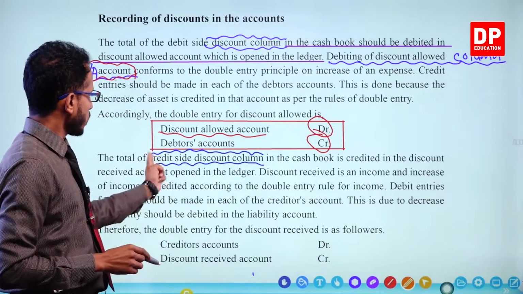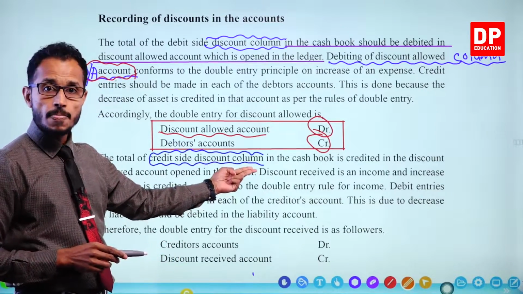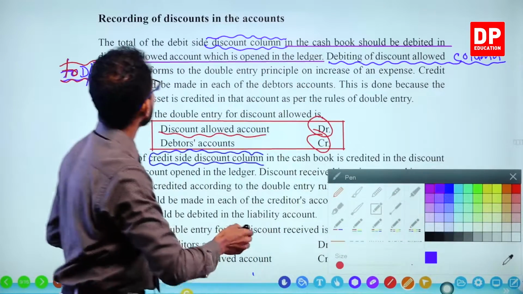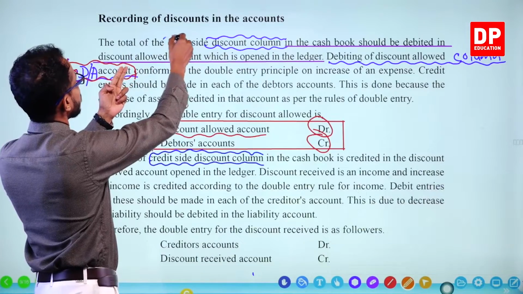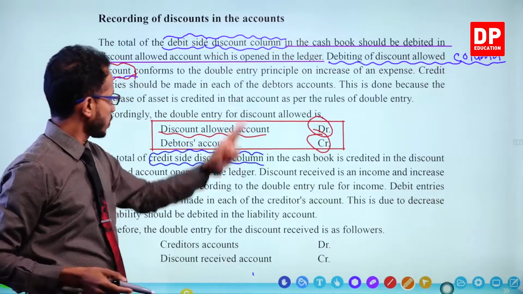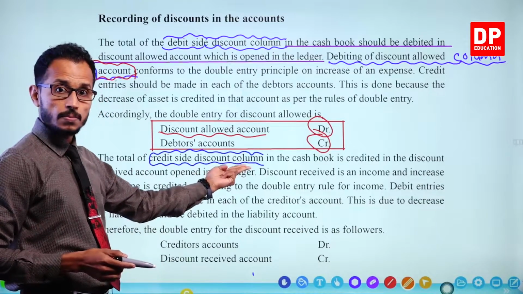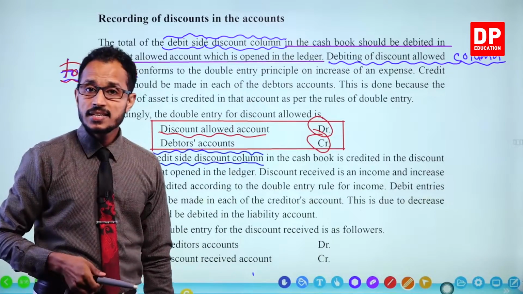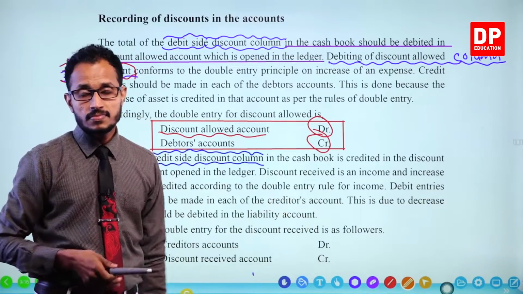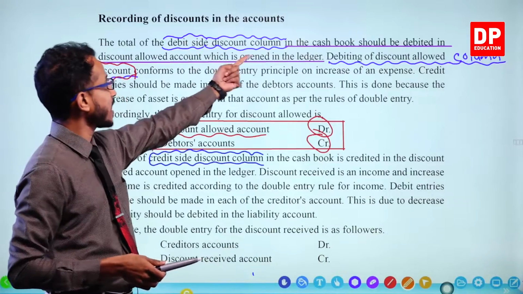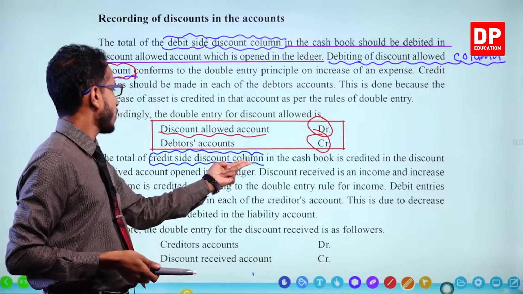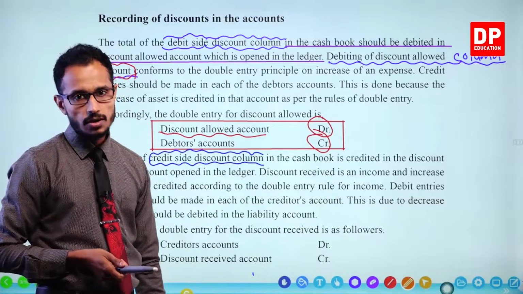Here we talked about the debit side discount column. Now the credit side discount column. Guess what? Credit side, what is the discount column? If the debit side has the discounts allowed column, credit side should be having the discounts received column.